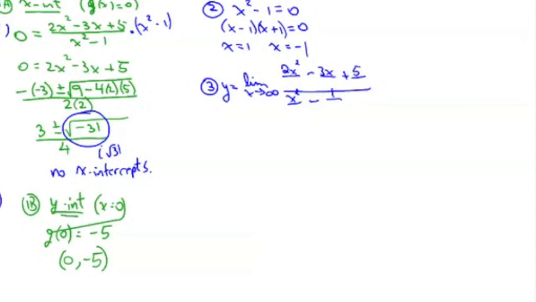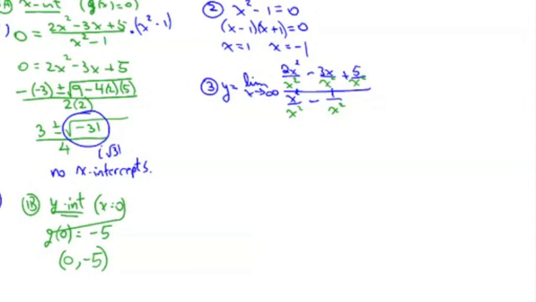You're going to divide everything by the highest power of x that you see in this expression. What's the highest power of x? x squared. And you do it to everybody. Top, bottom, every single term. And you simplify the expression.